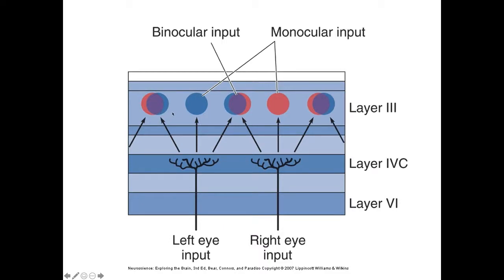If it's monocular, it's going to have a single color, like blue or red, representing either the ipsilateral or contralateral eye. And if it's binocular, then it's getting input from both. And what this is trying to show is that input coming in from the thalamus into layer 4, and then cells in layer 4 ultimately projecting up into these cells up in layer 3. So monocular or binocular. Okay? So that's what we're looking at here.